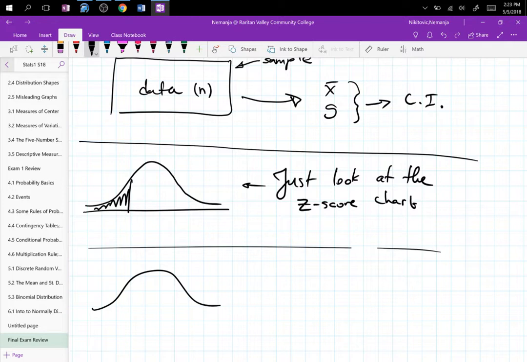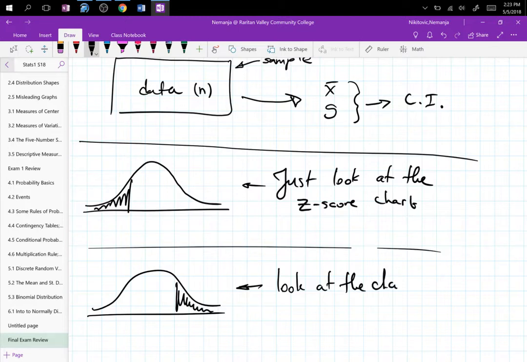If you have this situation, look at the chart to get some number, and then the area is going to be 1 minus the number.